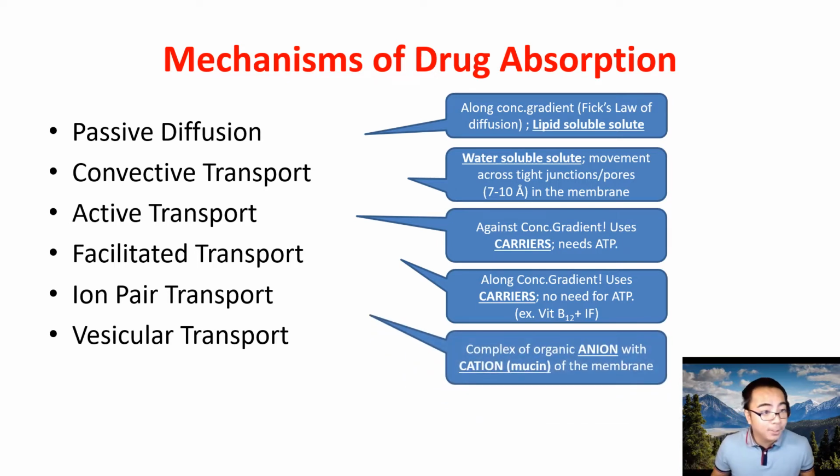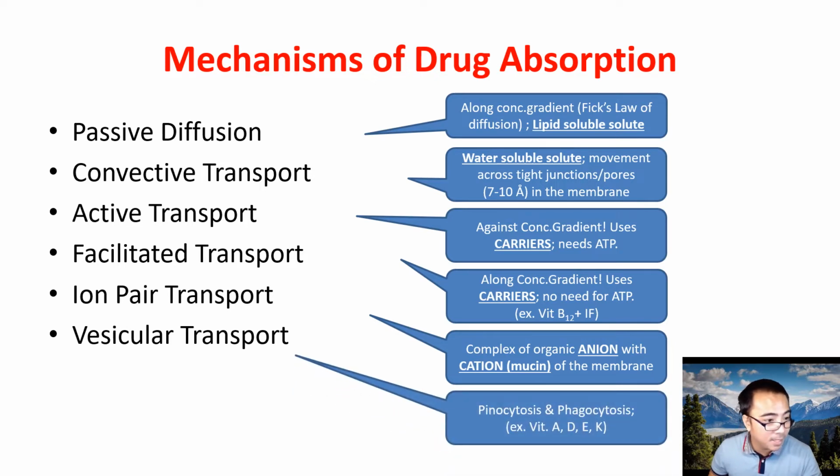Next one, class, is ion pair transport mechanism. So it's a complex between organic and ion with a cation of the membrane. Okay, hindi natin explain ito. Madalang lang naman ang gumagamit ng ion pair transport. And the last, class, will be the vesicular transport mechanism. So as we've mentioned a while ago, one of the exceptions to the rule where a drug must exist in its aqueous form, okay, are those drugs that are absorbed via vesicular transport, or what we call endocytosis.